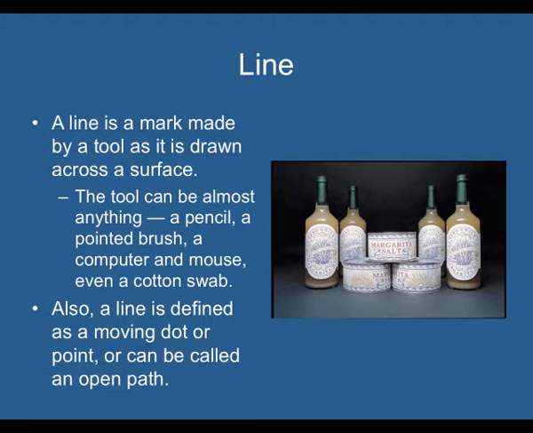You might think of it as a moving dot or point, or even an open path. And there are several types of lines that we visually consider. And in layout, we know the rules and the lines, and then how can we visually break those rules in visually stimulating ways.